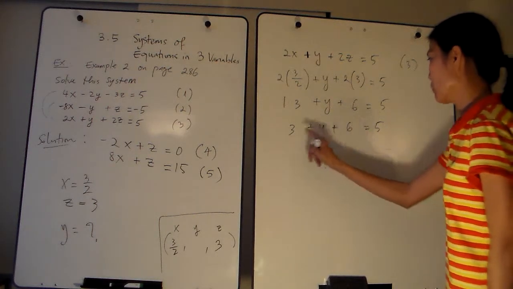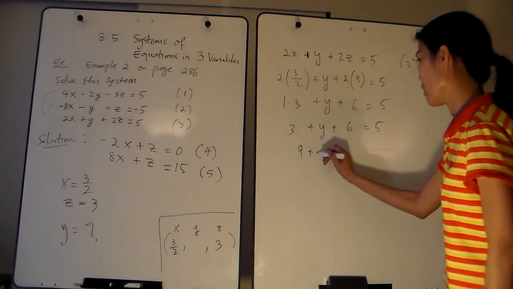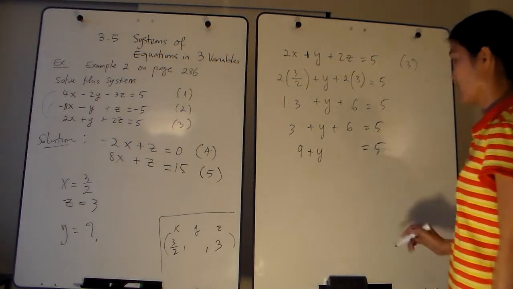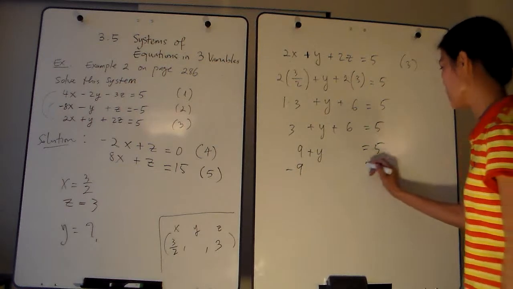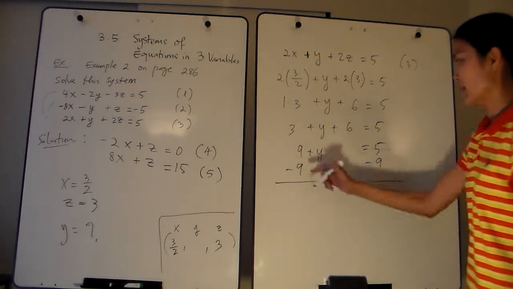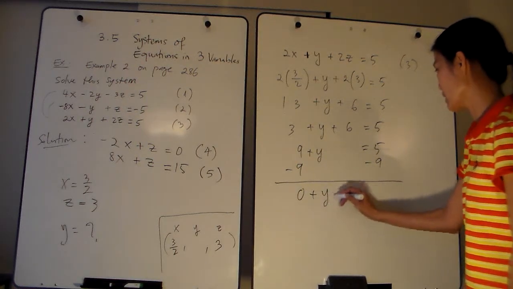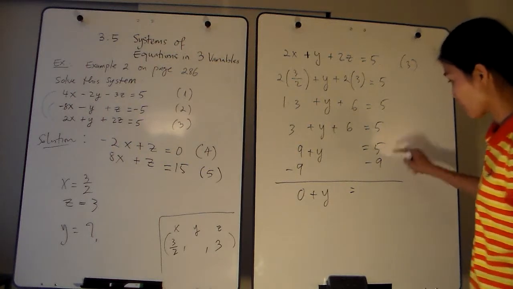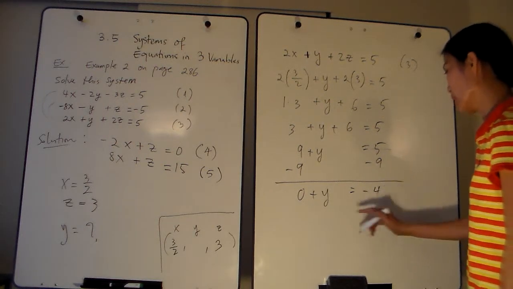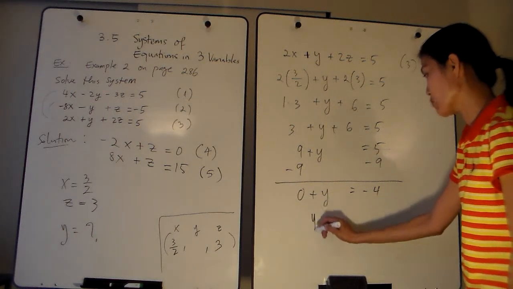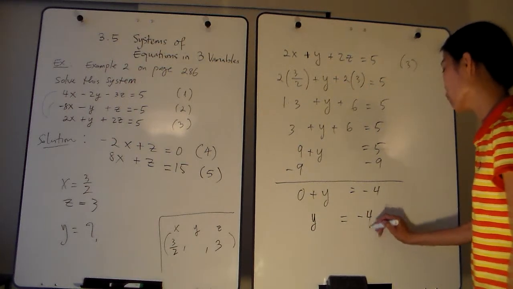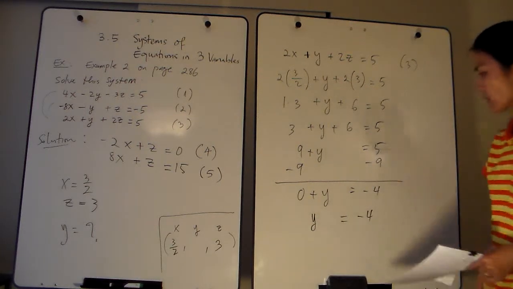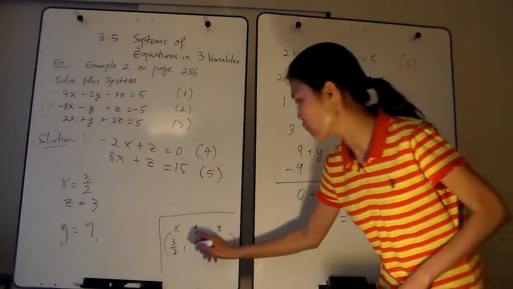Combine like terms: 3 plus 6 is 9 plus y equal to 5. Solve for y, subtract 9 on both sides. 9 minus 9 is 0 plus y equal to 5 minus 9, which is -4. 0 plus y is y, so y equal to -4.